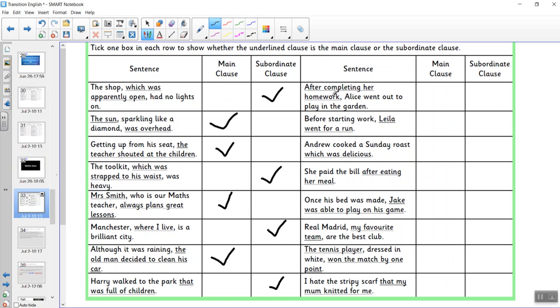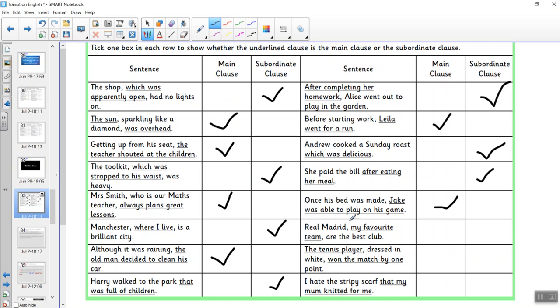After completing her homework, subordinate conjunction up there, that is a subordinate clause. Before starting work, Lila went for a run. Main clause. Andrew cooked a Sunday roast, which was delicious. Subordinate clause. She paid the bill after eating her meal. Subordinate clause. Once his bed was made, Jake was able to play on his game. Main clause.